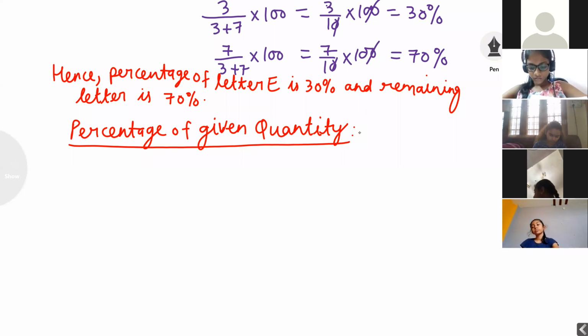What is the meaning of percentage of a given quantity? If we find the percentage of the given quantity, first change the percentage to the fraction and multiply with the given quantity. This is the concept.